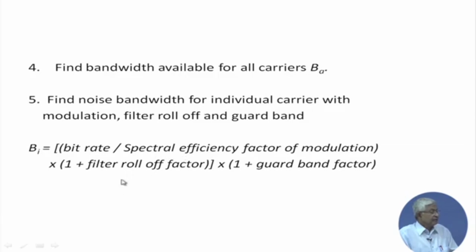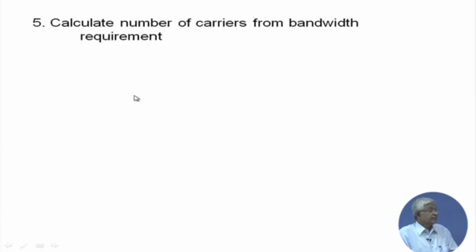Once the modulation is done, there is a filter, and based on the filter roll-off factor the bandwidth will be expanded. Then between the two carriers certain guard frequencies are given, that guard band factor is taken, and the individual carrier bandwidth is obtained. So, calculate the number of carriers from the bandwidth requirement.